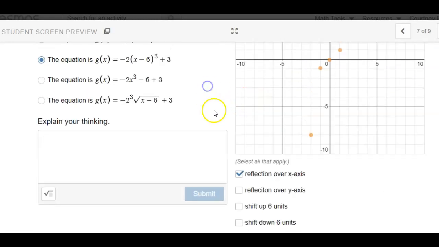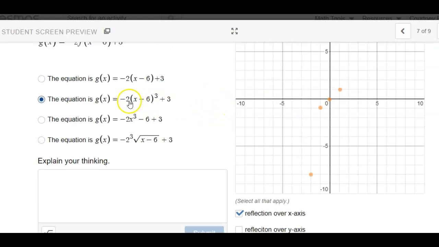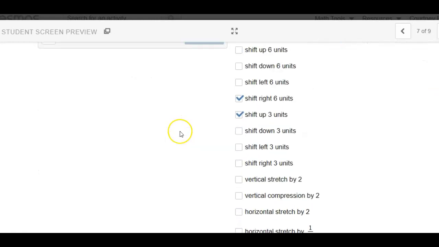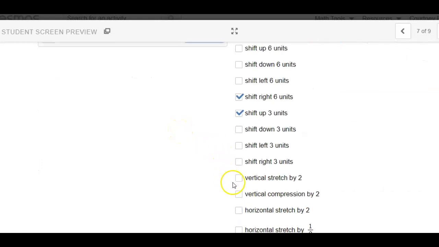And then the last thing that I have is this 2. The minus was a reflection, but the 2 outside, that's the coefficient, that's vertical because it's outside. And you have to determine if it's a stretch or a compression. Now, if things are being multiplied by 2, they get bigger, so that would be a stretch. So I'm going to go find vertical stretch by a factor of 2.